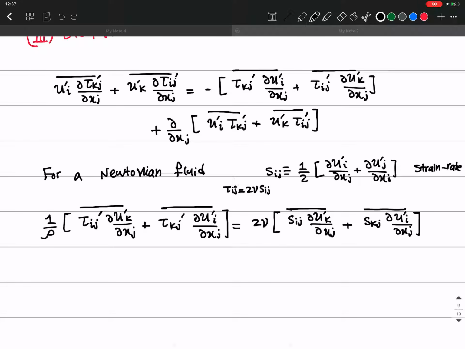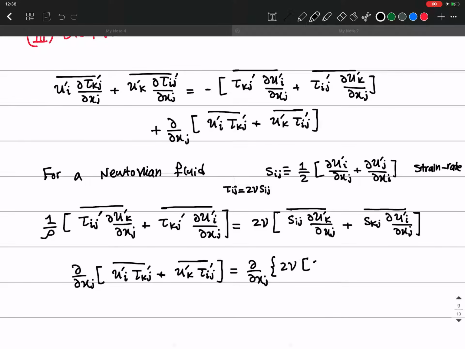So we have partial over partial xj of 2 nu, u prime k Sij bar plus u prime i Skj bar.